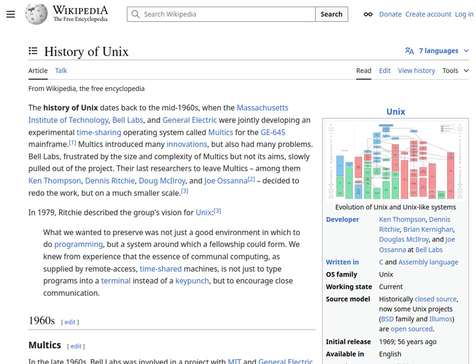In 1979, Ritchie described their goal as preserving not just a good environment in which to do programming, but a system around which a fellowship could form. So they wanted to redo the work, but on a much smaller scale, and foster close communication and collaboration among the users of these time-shared machines.